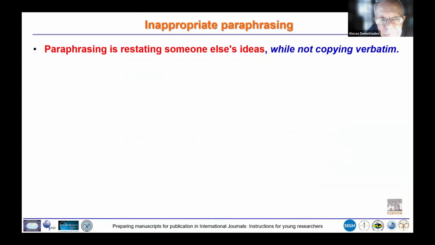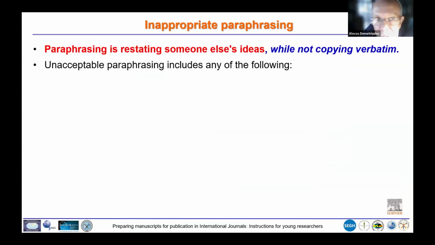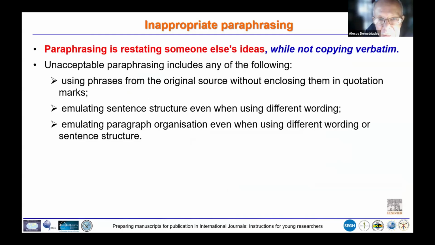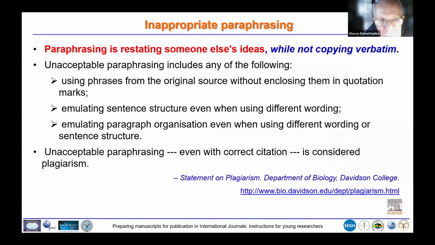Inappropriate paraphrasing. Paraphrasing is restating somebody else's idea while not copying it verbatim. Unacceptable paraphrasing includes any of the following: using phrases from the original source without enclosing them in quotation marks, emulating sentence structure even when using different wording, emulating paragraph organization even when using different wording or sentence structure.